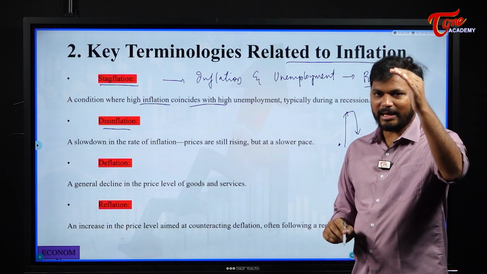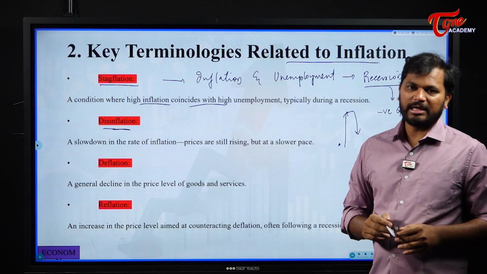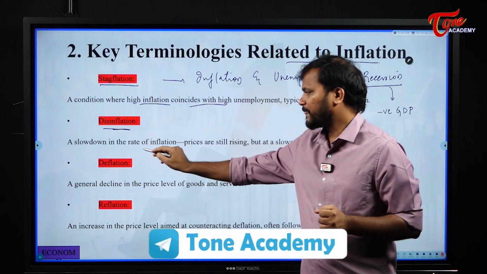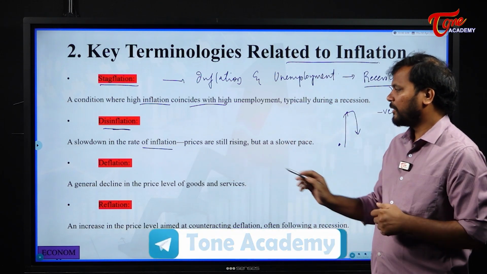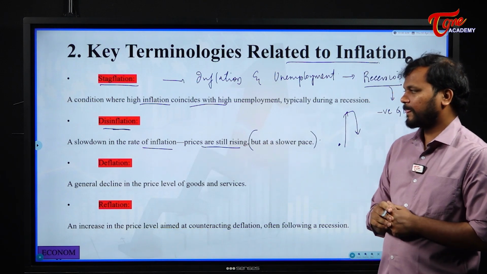It increases and it comes down. That is what is called disinflation. Disinflation is nothing but a slowdown in the rate of inflation. Prices are still rising but at a slower pace.